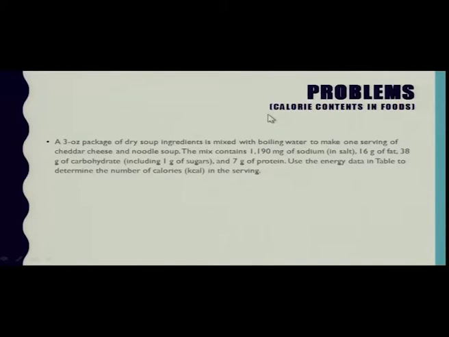So let's have a first question that is in the slide itself, and that is based on the calculation of calorie content in the foods. This 3-ounce package of dry soup ingredients is mixed with boiling water to make 1 serving of cheddar cheese and noodle soup.